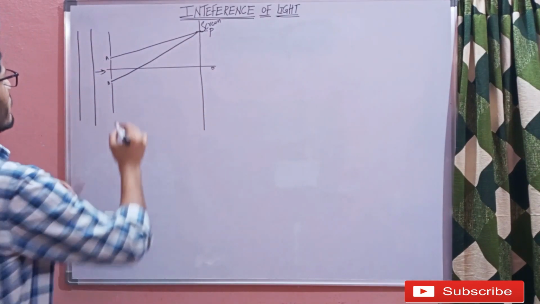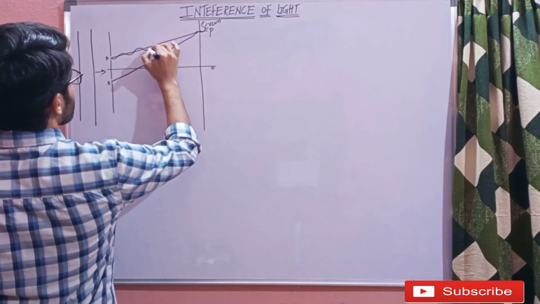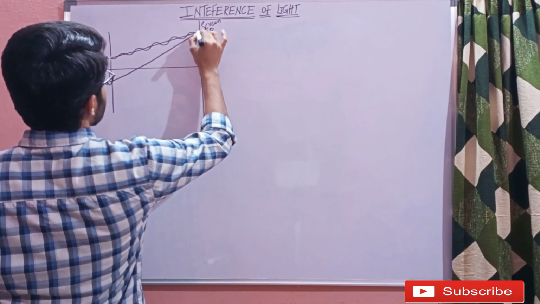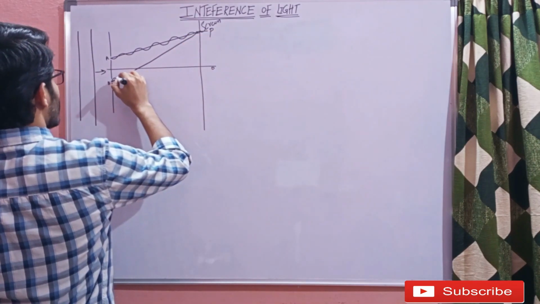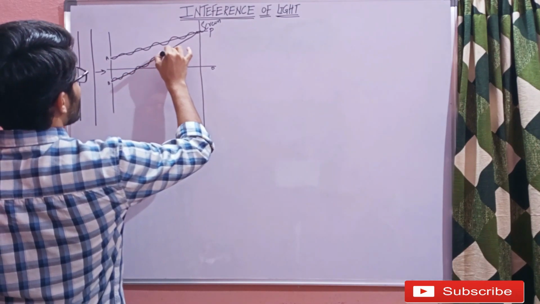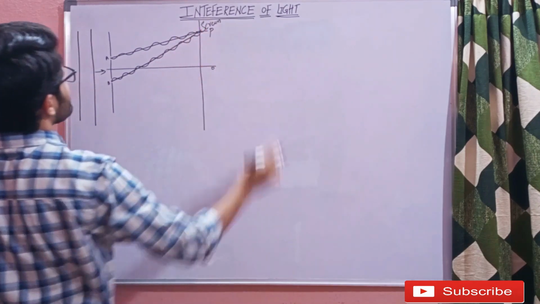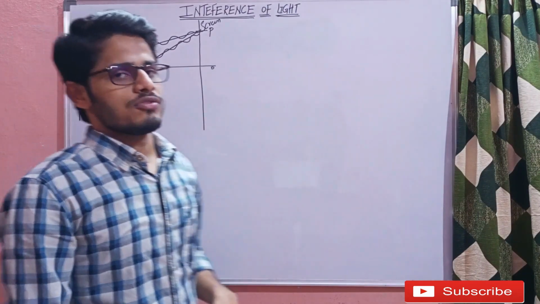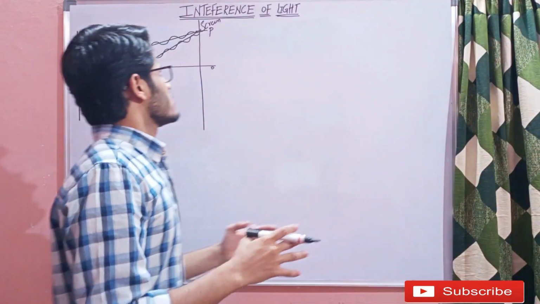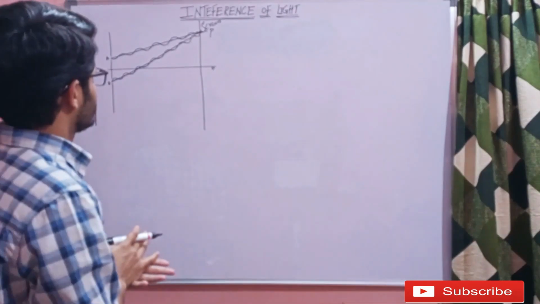Okay, so the wave from source A and the wave from source B. Now we'll get to know the importance of the principle of superposition. Young used the principle of superposition to explain the interference pattern on the final screen.